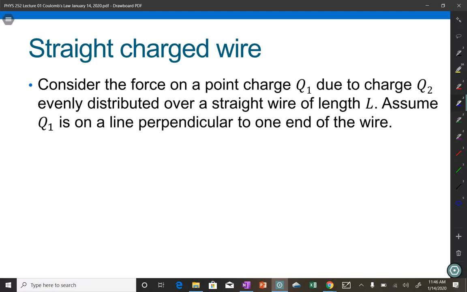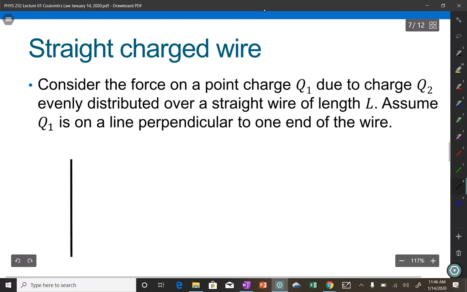So the first thing you do is you draw your picture. I have a vertical wire, a straight line, because I used the straight line tool. It's a vertical wire of length L. And to make it match 1B, the origin is the top here.